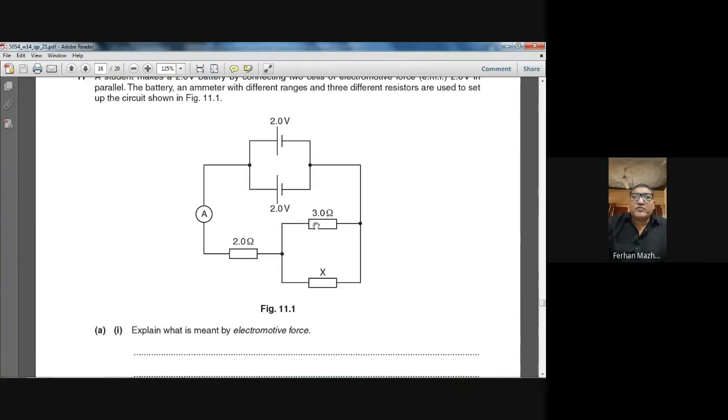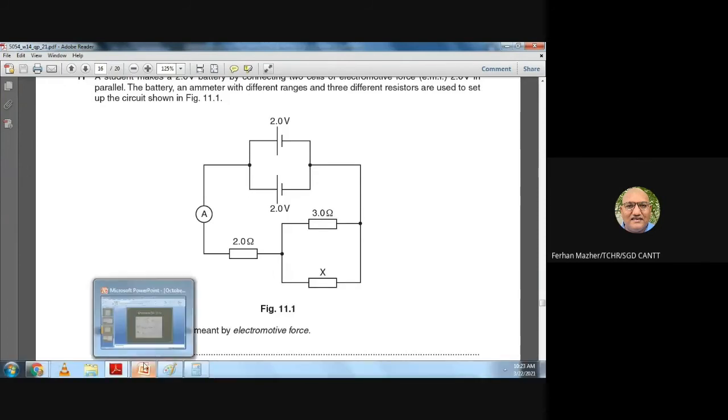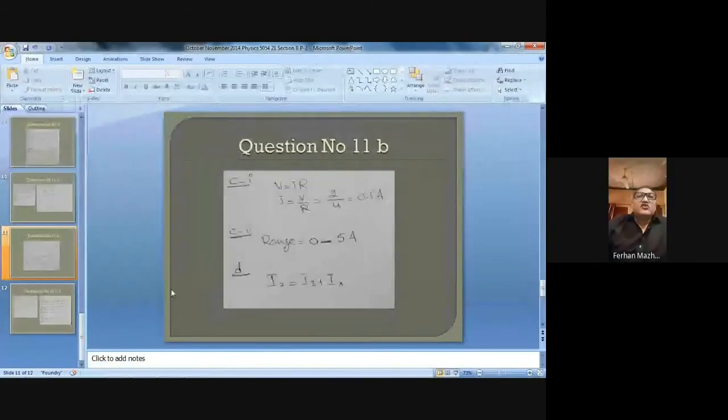I3 current is passing through this and IX current is passing through this resistor. So I3 here, IX here, and here the I2. So I2 will be equal to I3 plus IX. Let me show you my work. So I2 will be equal to I3 plus IX.